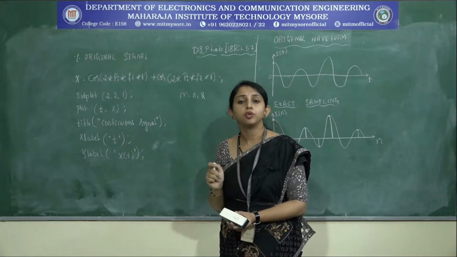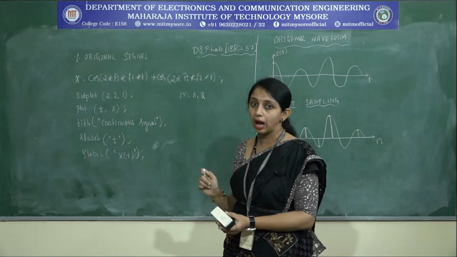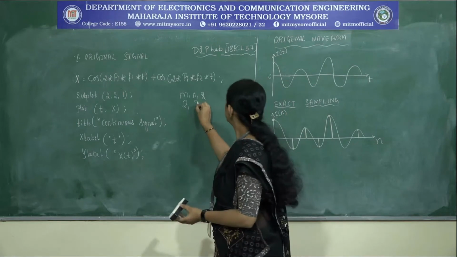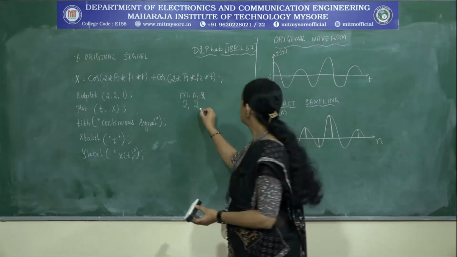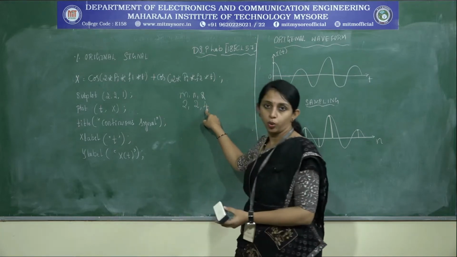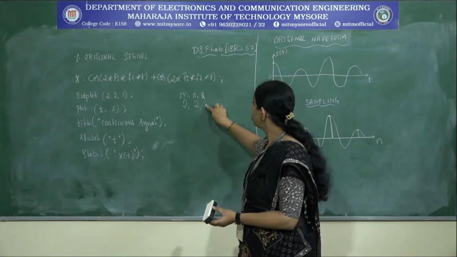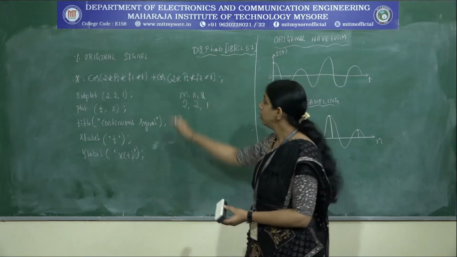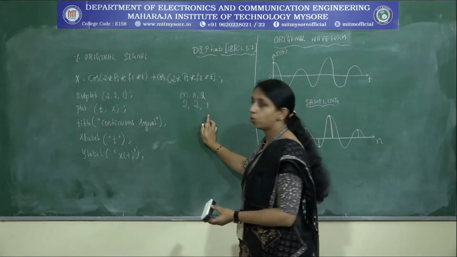When are you going to get four quadrants? When you have two rows, two columns and four quadrants. Out of four quadrants, firstly I am representing the original wave in the first quadrant.